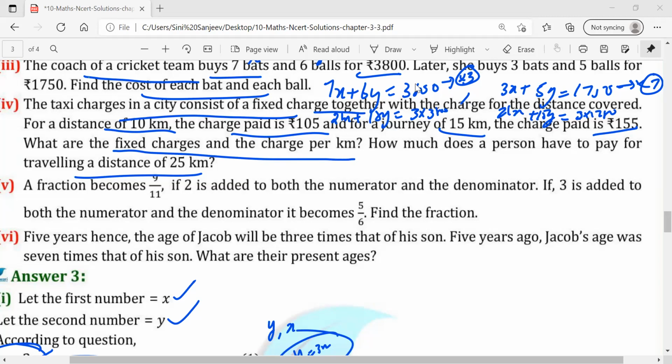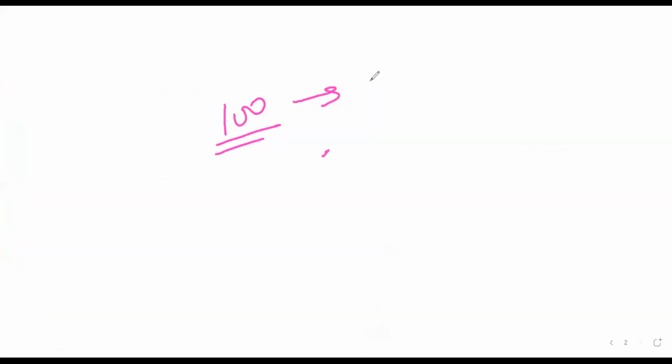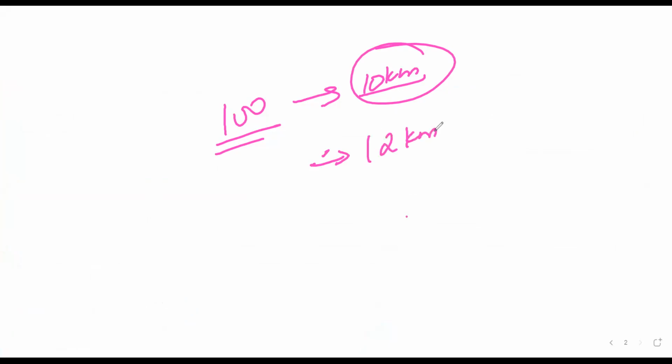For example, coming here is around 100 rupees, and it takes around 10 kilometers. For 10 kilometers, it is 100 rupees. Now, due to the block, the distance has increased to 12 kilometers. So can he charge the same 100 rupees or will he charge more?